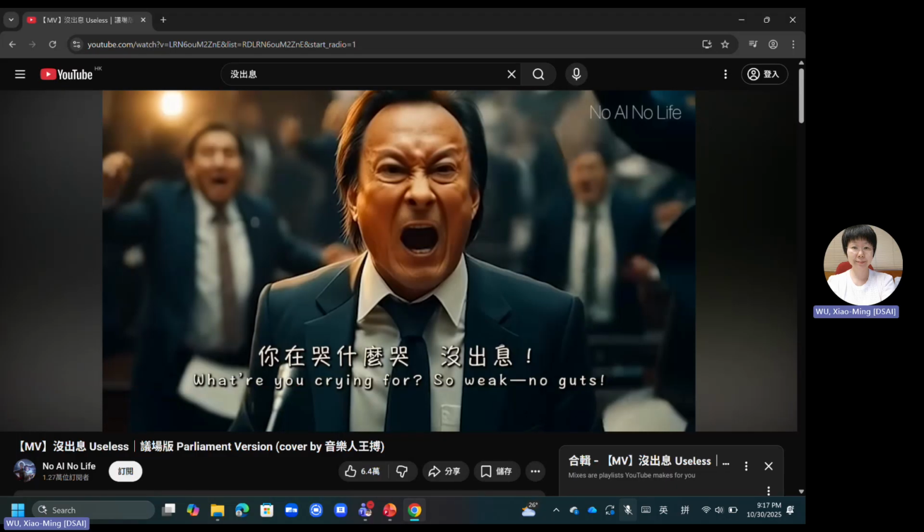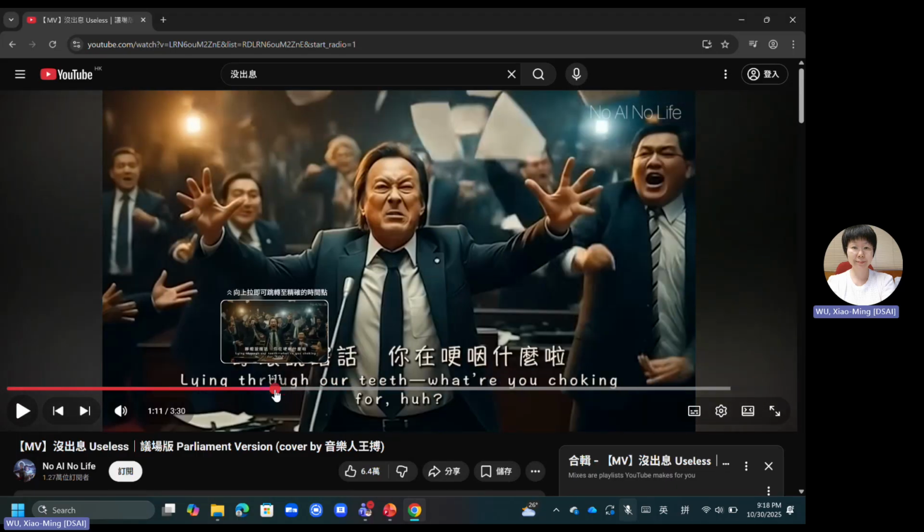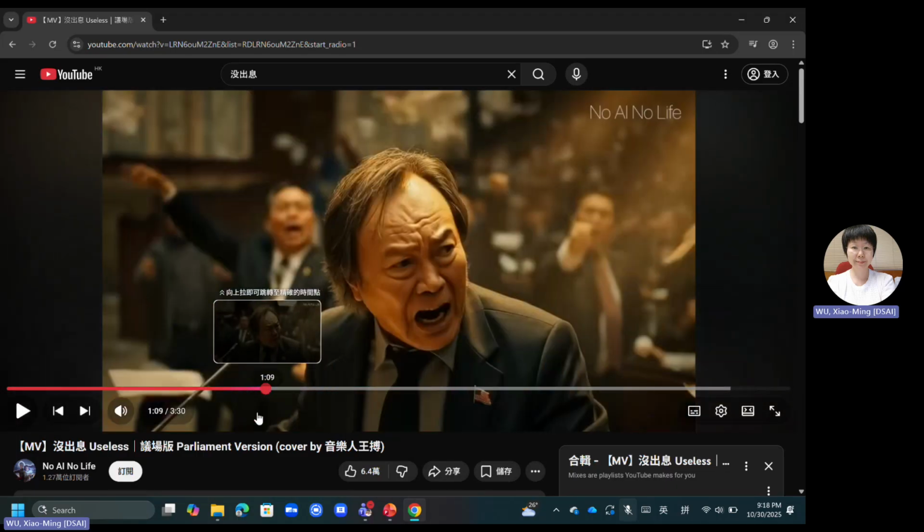Of course, when you generate the image, you should condition on this person. You can supply some images of this person to the Gen AI tools, and you can generate images that fit your narrative, for example when the person is yelling, fitting the narrative of your content.